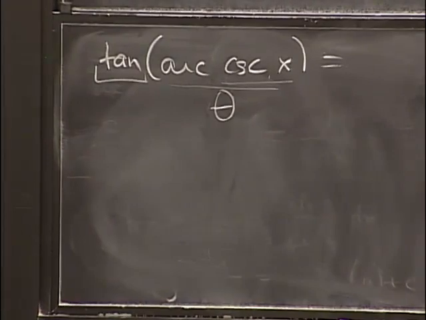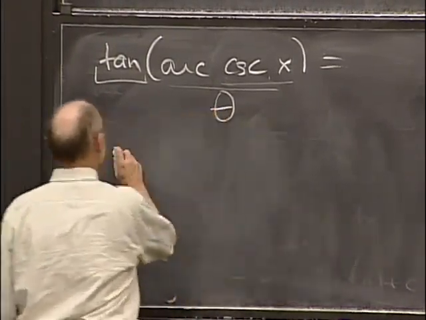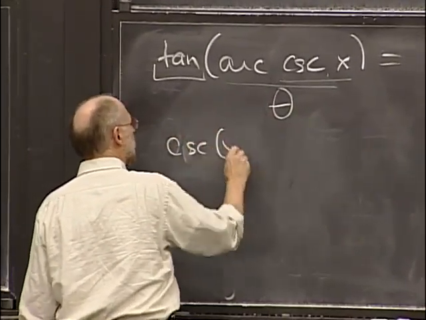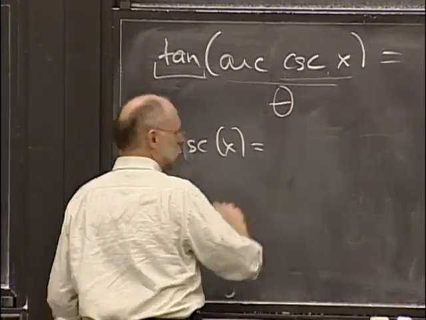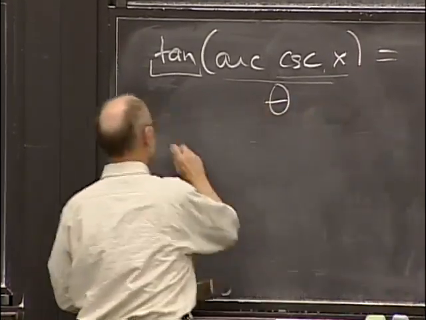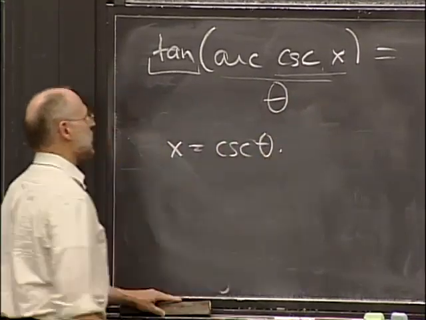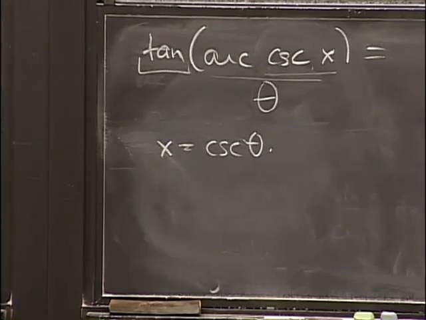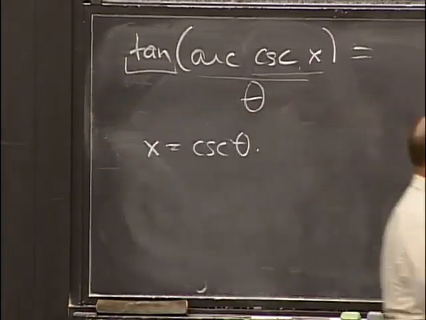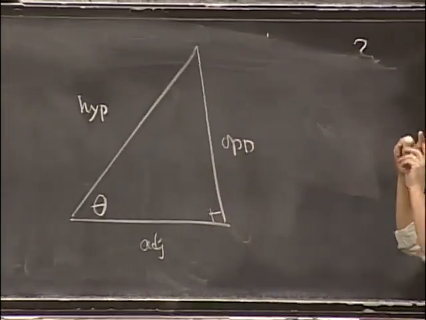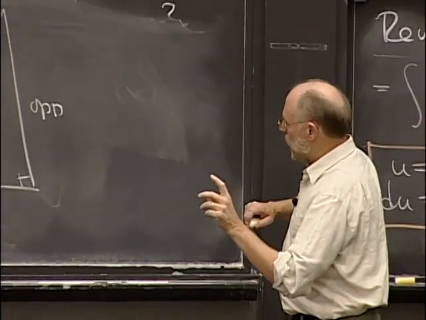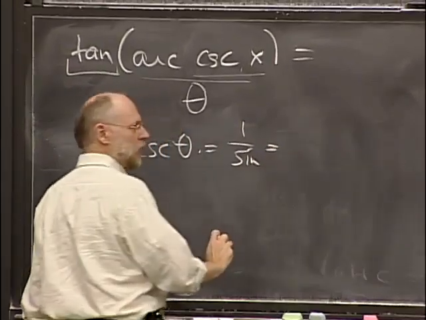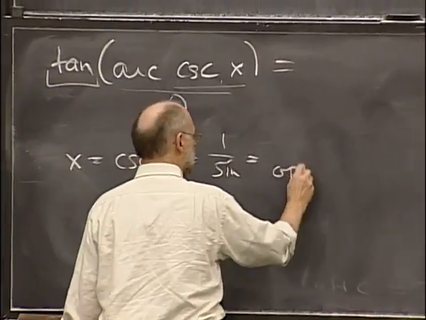That means the cosecant of theta should be x. Theta is the arc cosecant, so x is the cosecant of theta. So what will I take the sides to be to get the cosecant? Cosecant is 1 over the sine, and the sine is the opposite over the hypotenuse.